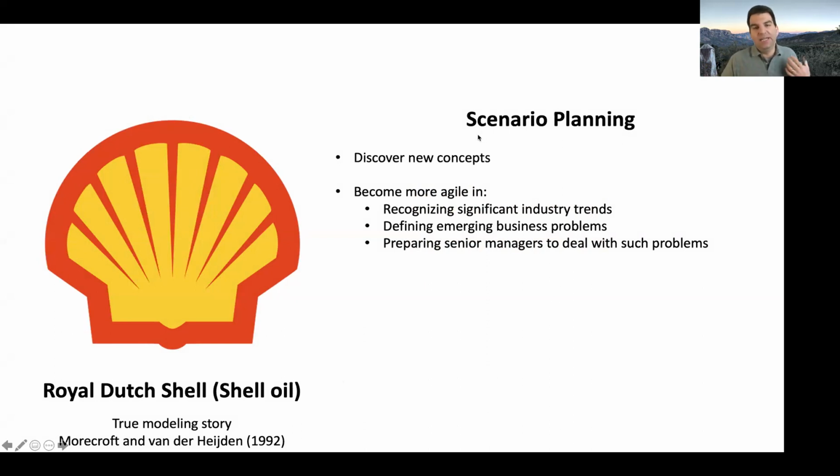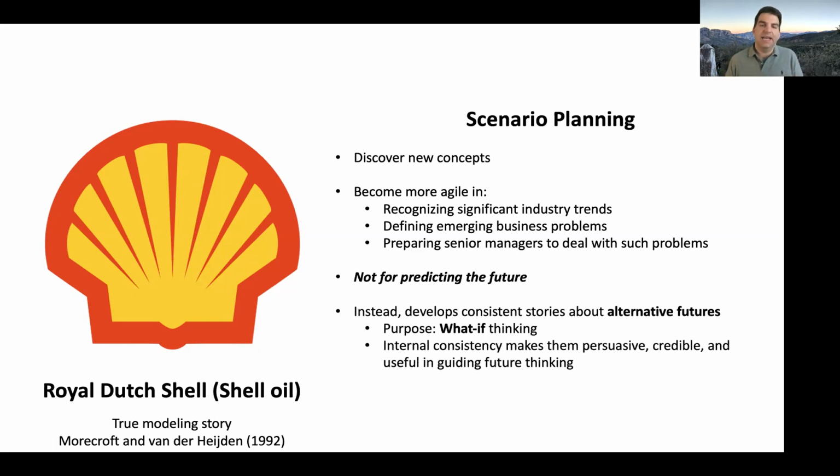They were interested in strategically thinking about how to move their company forward and how their company might interact with other things that are going on in the world, because oil really does dial into worldwide phenomena. So they wanted to become more agile and be able to recognize significant industry trends while they're happening and maybe even before they're happening, so that they were prepared to move as those industry trends started to roll downhill. So the goal of these models is not to predict the future.